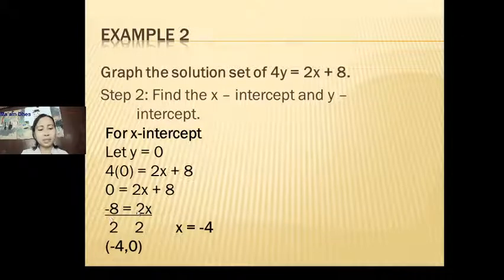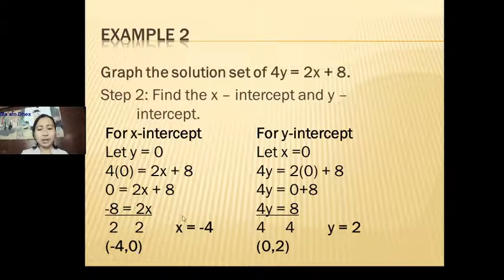Then dividing both sides by positive 2, because what we're looking for is the value of x. Negative 8 divided by 2 is negative 4, and 2 divided by 2 is 1, so you will have x. x is equal to negative 4. The value of your x is negative 4, the value of your y is 0. So that is the x intercept.